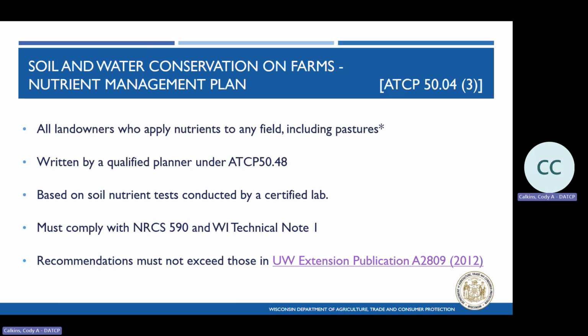That plan must be based on soil nutrient tests conducted by a certified lab. And it also must comply with the NRCS 590 standard and accompanying technical note, Wisconsin Tech Note 1. As well, any recommendations for nutrient management plans in Wisconsin must not exceed those in the UW Extension publication A2809 dated 2012.